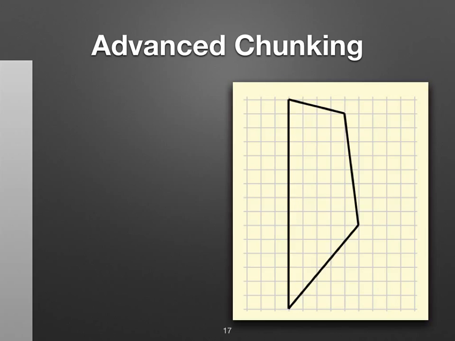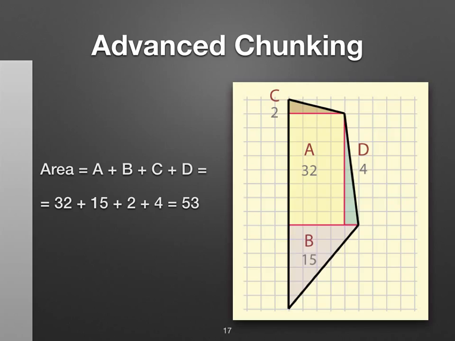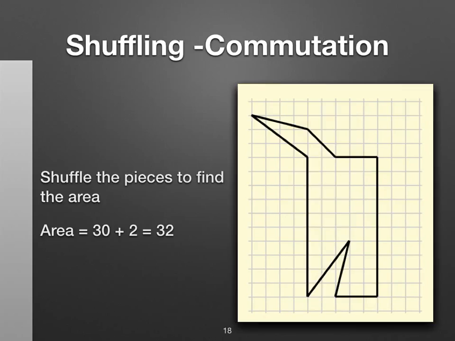Finding the area of this figure requires creative thinking. The figure can be subdivided into a rectangle and 3 triangles. Then the calculation is straightforward. At that point, the students already understand what shuffling means.